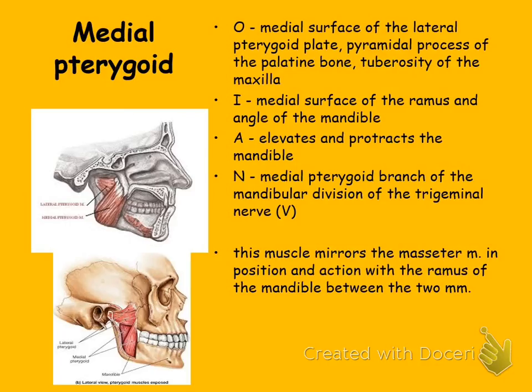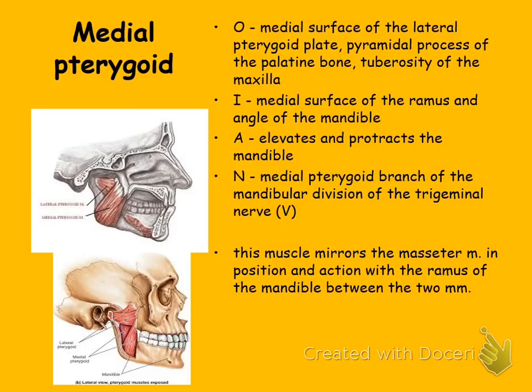That's the little feet of the bat behind the teeth. That's the pterygoids. So we have medial and lateral pterygoids. The medial one originates on the medial surface of the lateral pterygoid plate, and it inserts then on the medial surface of the ramus and the angle of the mandible. So it comes down inside your mouth and goes down into the inside of your jaw, the mandible.